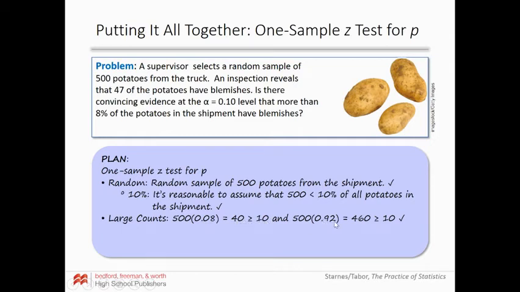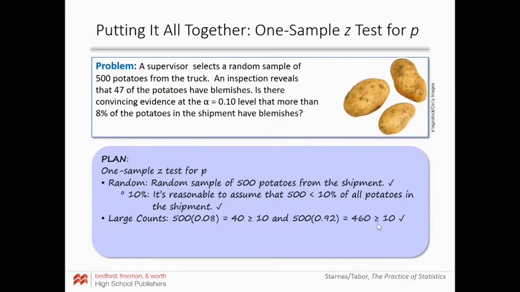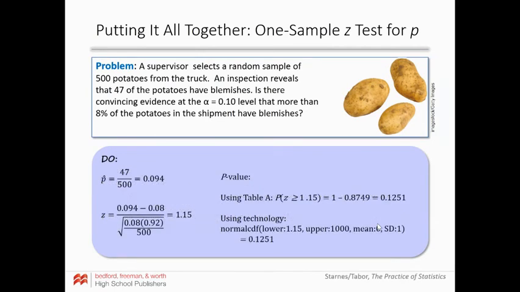And 500 times 0.92 is equal to 460, which is bigger than 10. So my three conditions have been met, so I'm good to continue on to the do phase. Quick note, if at any point a condition is not met, you stop right there. You can't continue on if the conditions are not met. But since they are, we're good to keep going.